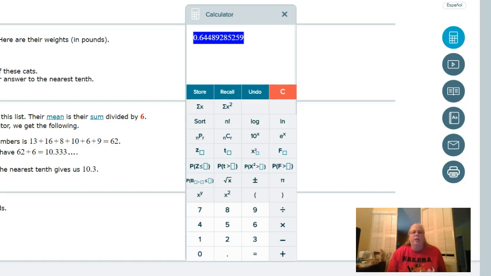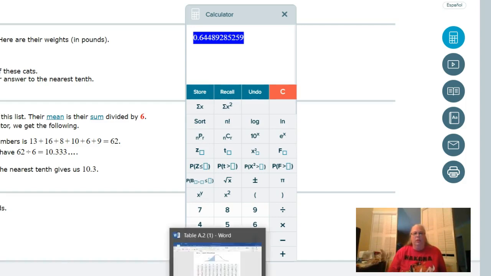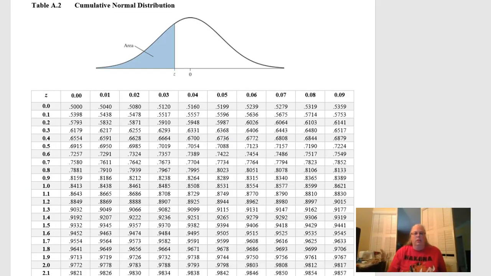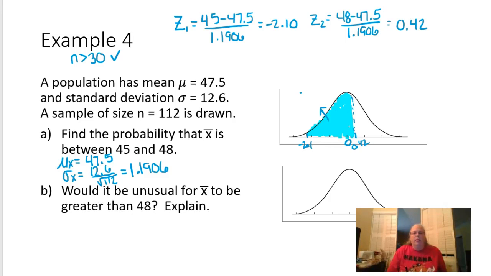And it gives me 0.6449 when we round this. 0.6449.